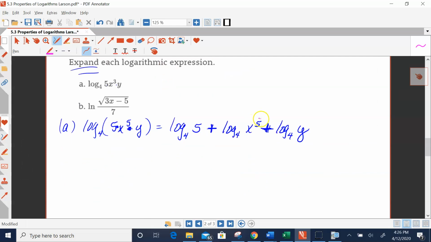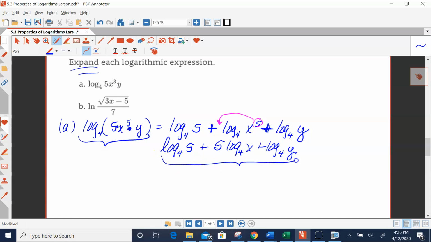And I notice I have an exponent here, so I can drop it in front of that logarithm. So the log base 4 of 5 stays. I get a 5 log base 4 of x by dropping that 5 in front, and there's nothing I can do with that last logarithm. So that is my result. That is this logarithm expanded into several single logarithms.